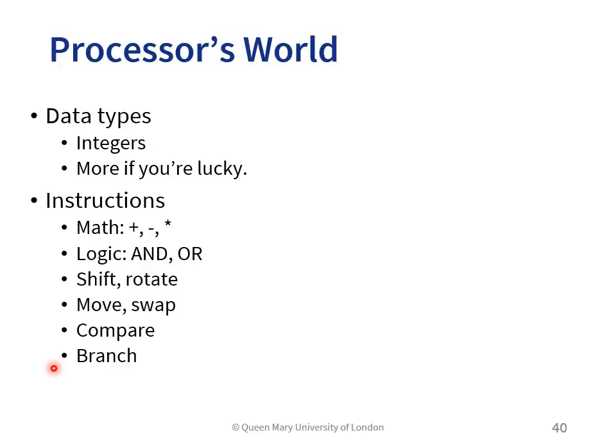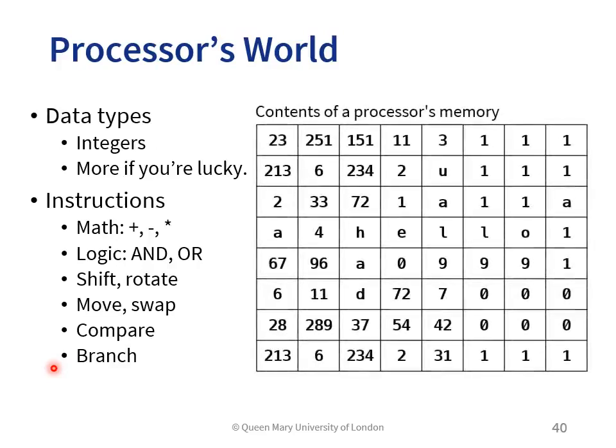So how about memory? What does the data look like when it is stored in the memory? This is what we could have. All the data are crammed inside the processor's memory. We don't want to waste memory, therefore we try to put as much data as we can inside. It can be a simple number right here.